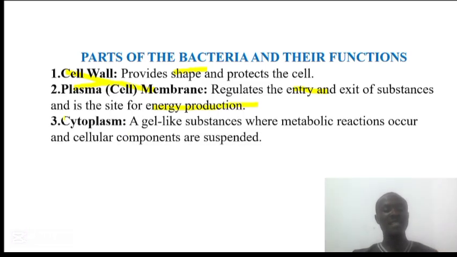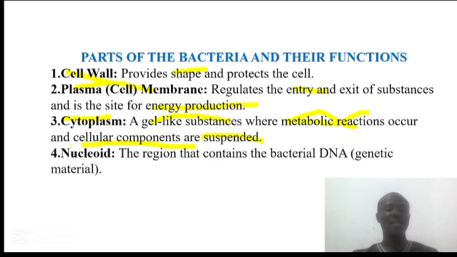Next we have the cytoplasm, which is a gel-like substance found within the plasma membrane, and it is where the metabolic or chemical reactions happen within the cell. Also, all organelles are suspended within the cytoplasm.